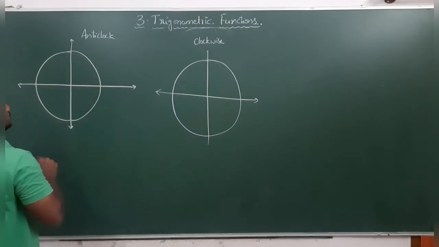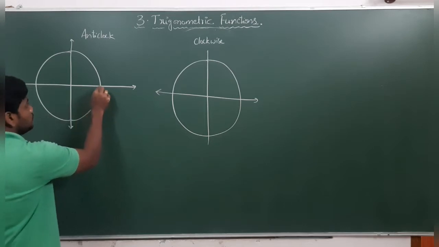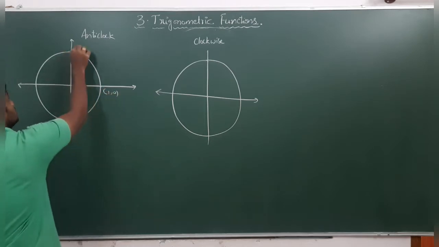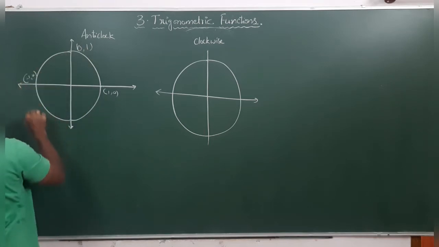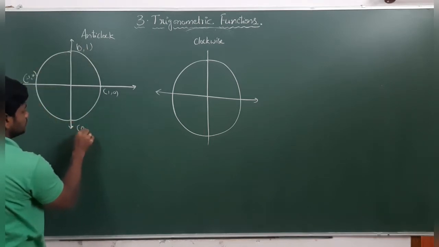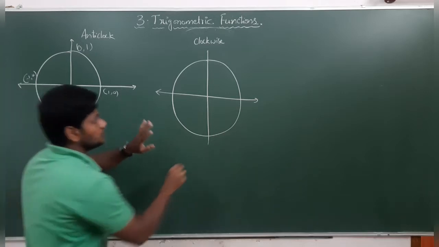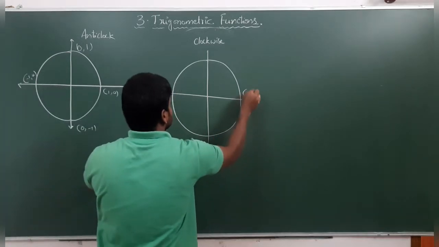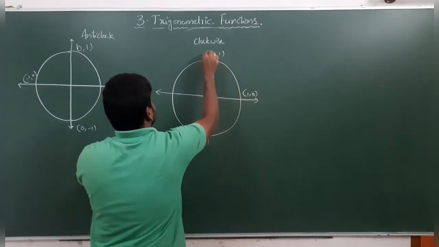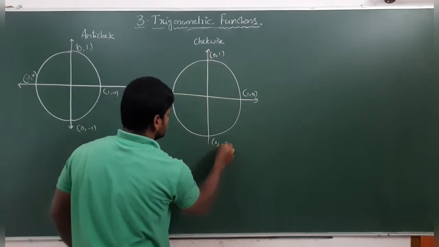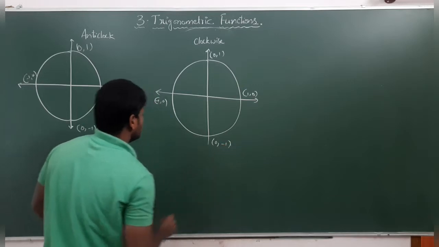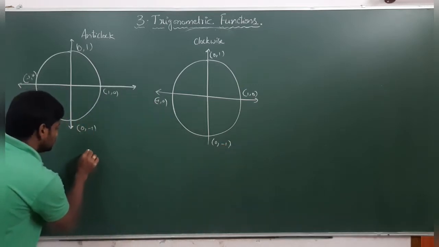For example, this point is (1, 0). This is (0, 1). This is (minus 1, 0). This is (0, minus 1). You know. So here also these are common: (1, 0), (0, 1), (minus 1, 0), (0, minus 1). Now, how can we find the x values?